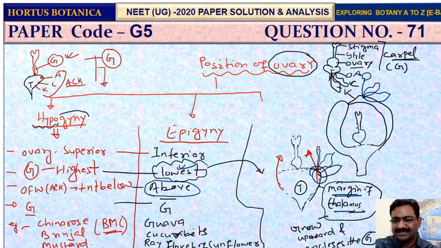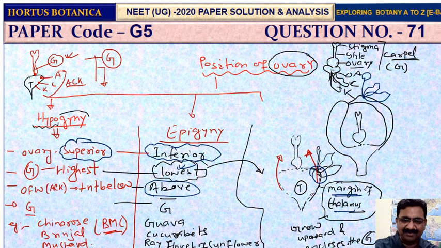See, lowest. So here it was a superior ovary. But here, due to the growth of the margin of the thalamus, it becomes inferior, isn't it? And the examples are guava, cucumber and ray floret of sunflower. Is it clear?